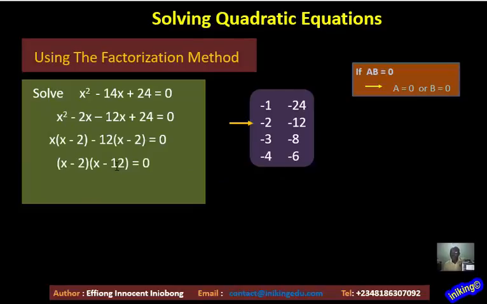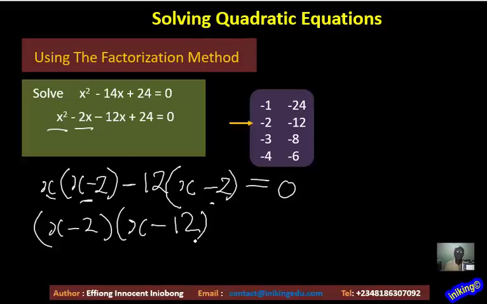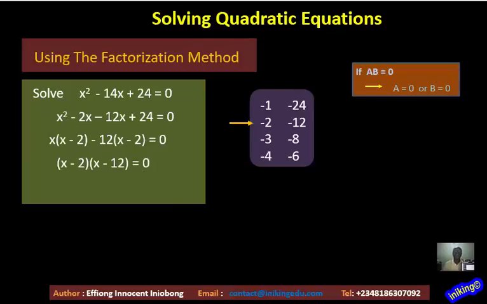So what do I do next? x minus 2 is common. So I have x minus 2 out, and then I open another bracket. I transfer the x there into the bracket, and then I bring down my minus 12 equal to 0. Now we have two numbers multiplying to give us 0.